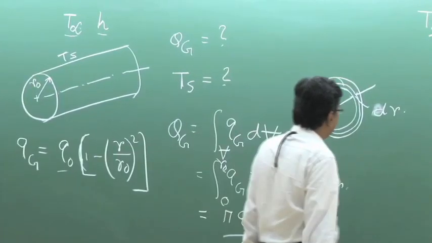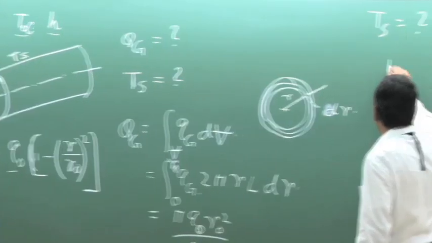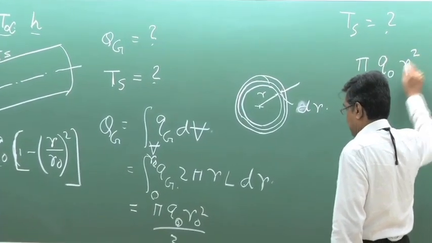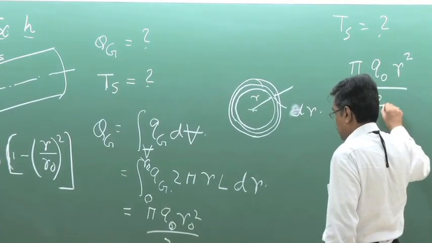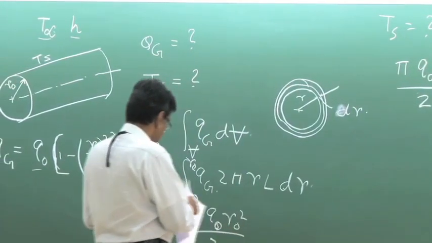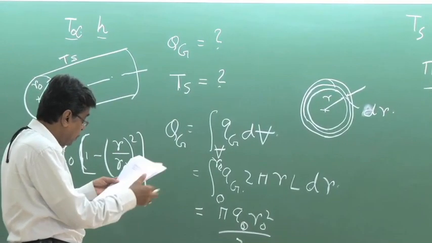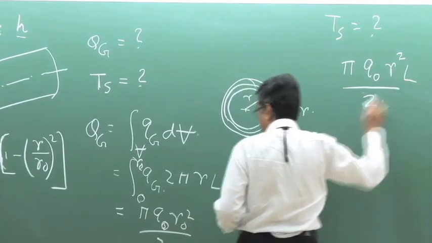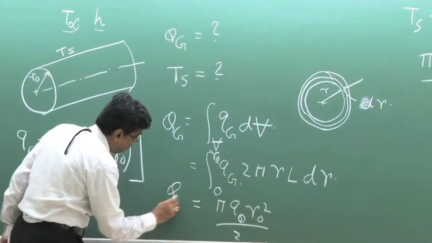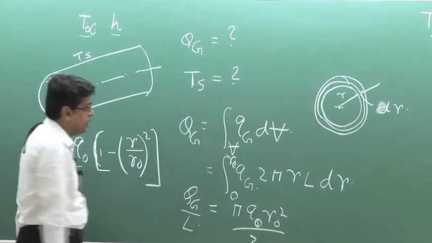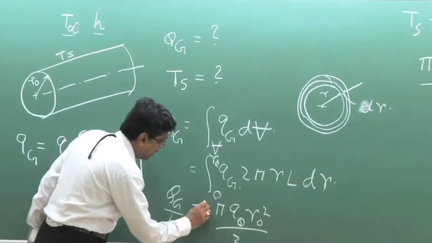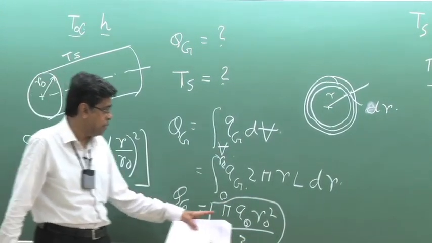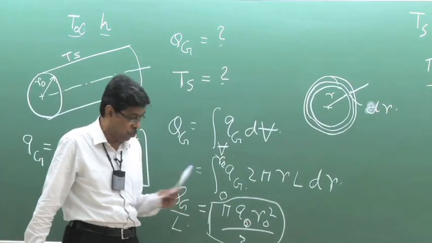So therefore, what can we write? We can write pi Q0 r0 square by 2. This is per unit length. I am sorry, I have not worked it out here, that's why this mistake is there: Qg by L is pi Q0 r0 square by 2.